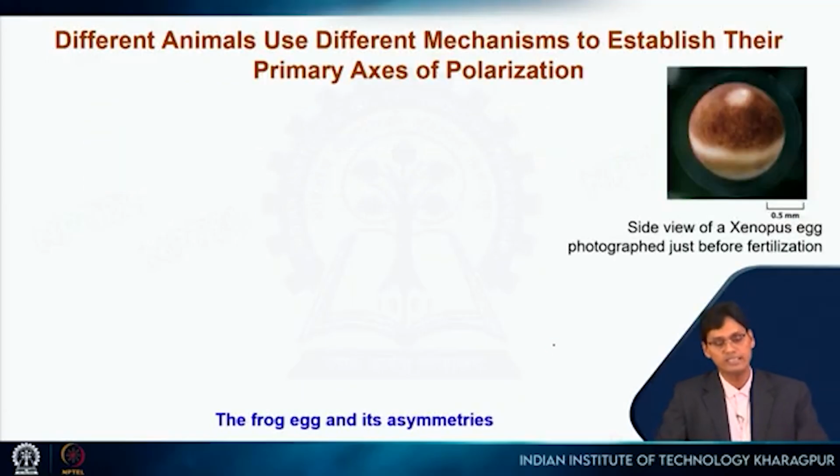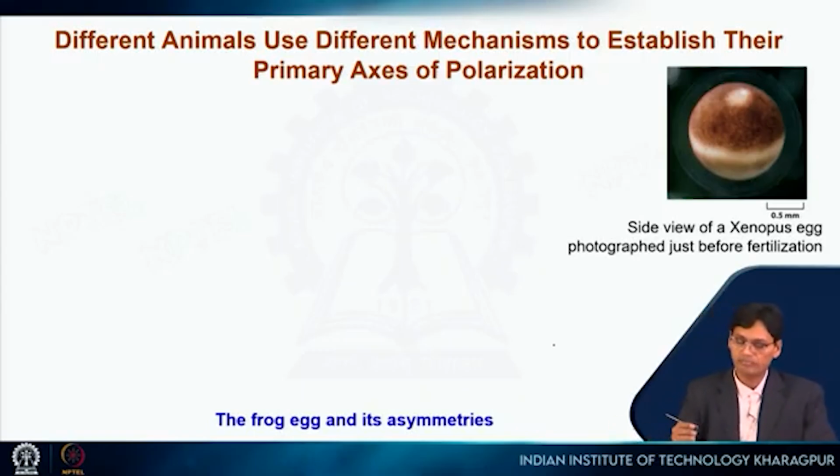Different animals use different mechanisms to establish their primary axis of polarization. The major idea here is that when animals are developing, 3 major axes should be created in proper timing.